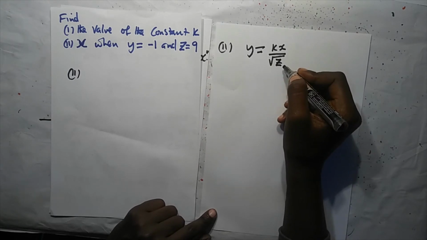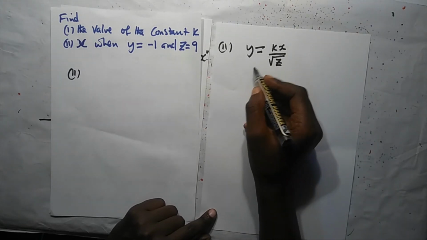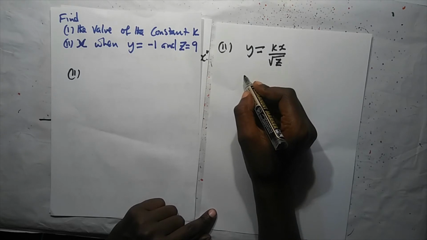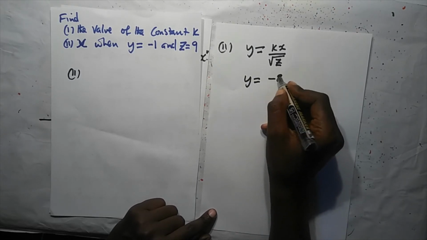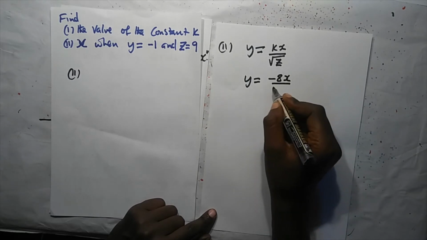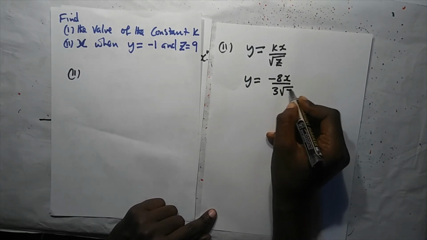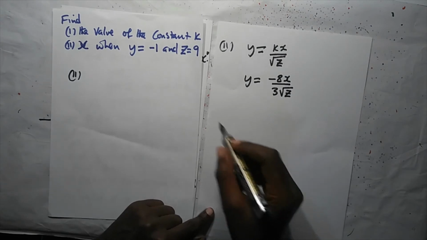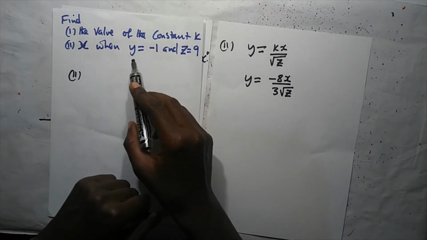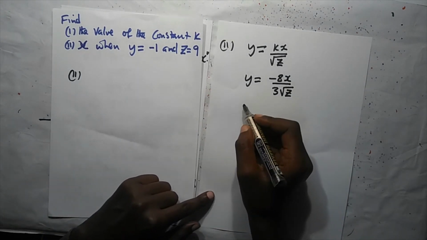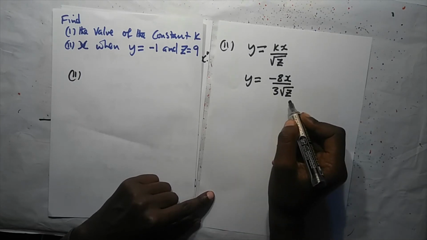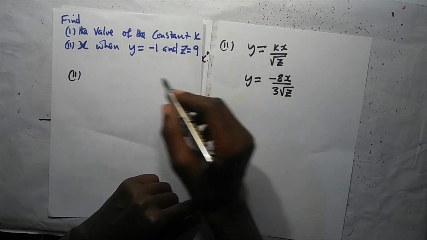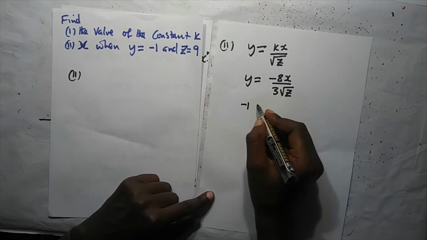Since we found k to be -8 over 3, we are going to replace k with -8 over 3. So we are going to have y is equal to -8x, and then the 3 will come in the denominator, over root z. Now we can replace the values of y and z so that we find the value of x.